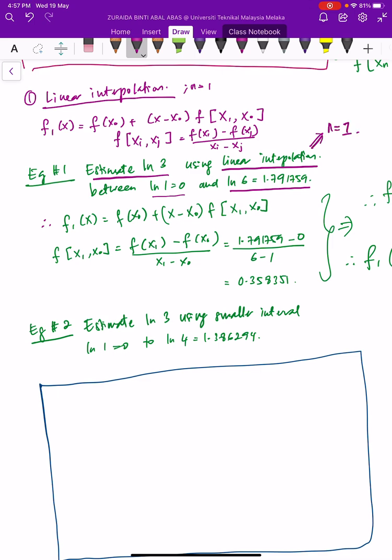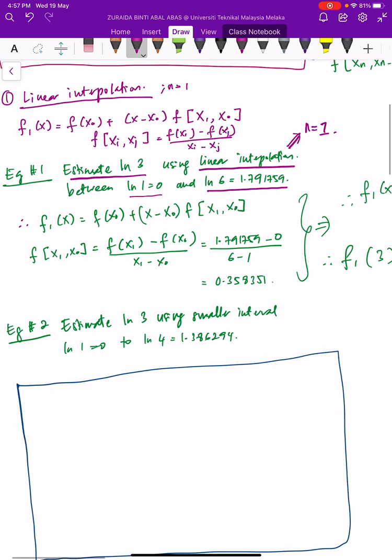to 1. Then you have 2 points here, x equal to 1 and x equal to 6.